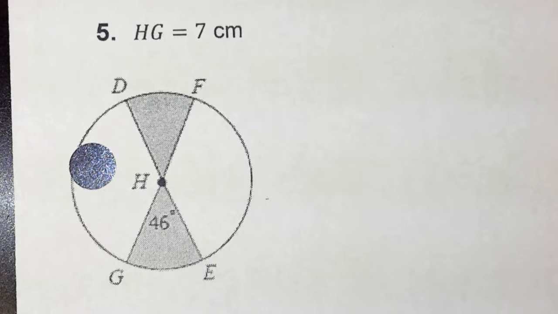Number 7. See where y'all brains go. I need to find the area of the shaded region. Let's talk strategy first. Christian, what are you going to do for number 5?